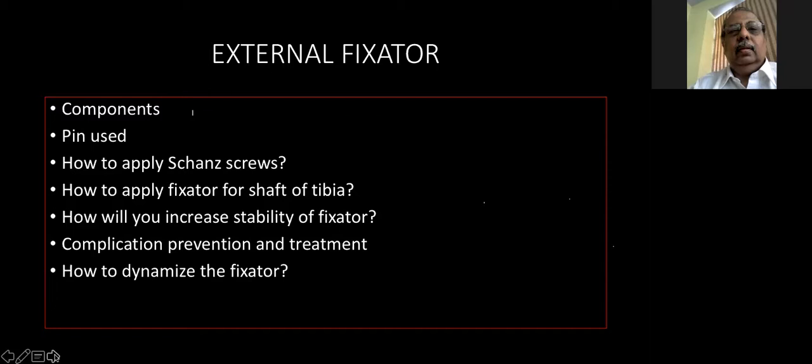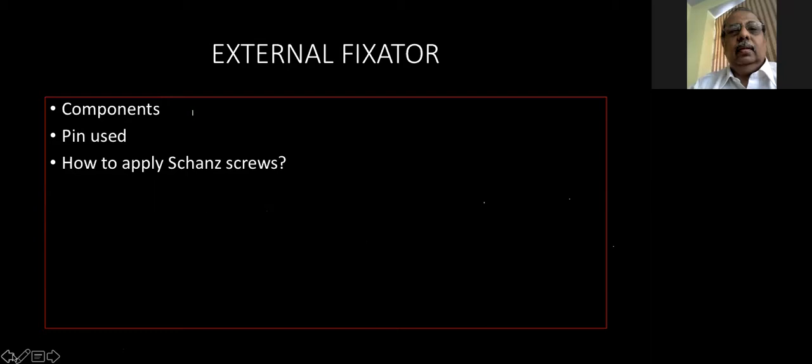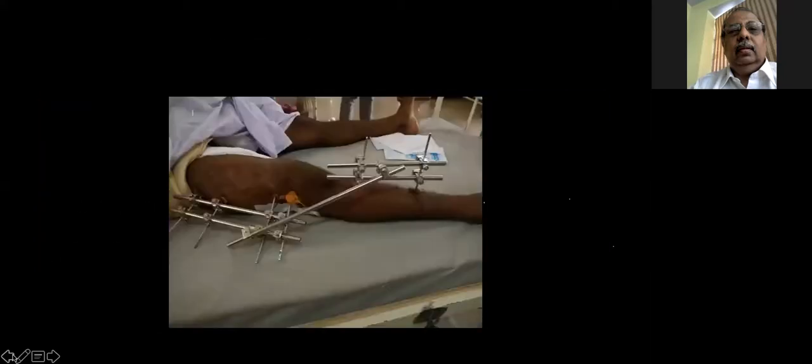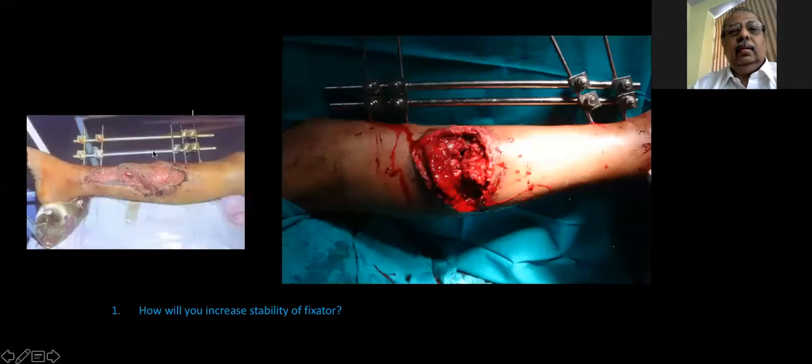Immediately, they will ask you, how will you dynamize the fixator? So the method is, okay, I'll go back and show you. Suppose you want to dynamize this fixator and make the patient walk on the fixator.